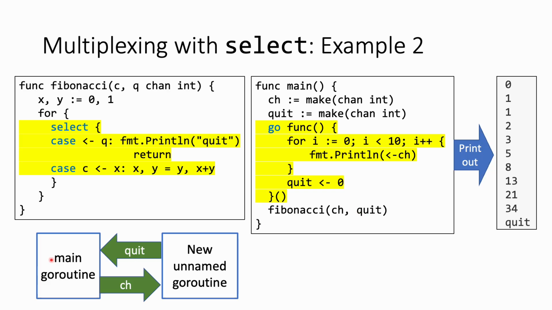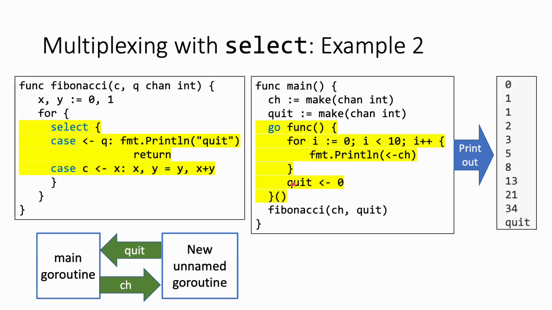So function Fibonacci is executed in the main Go routine, while the anonymous function is executed in the new Go routine. The for loop in the Fibonacci function would run forever, sending the Fibonacci numbers to channel CH, which are then received and printed out by the new Go routine.